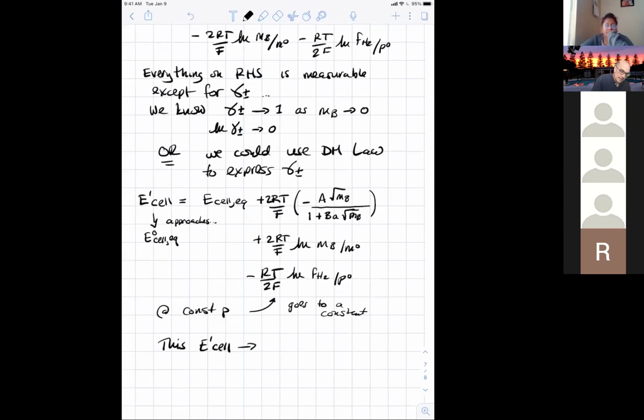So what we can say is this value that we plot is going to approach the standard cell potential, right? And the better our expression is, the better that extrapolation is going to be. And I don't know if I copied this figure.